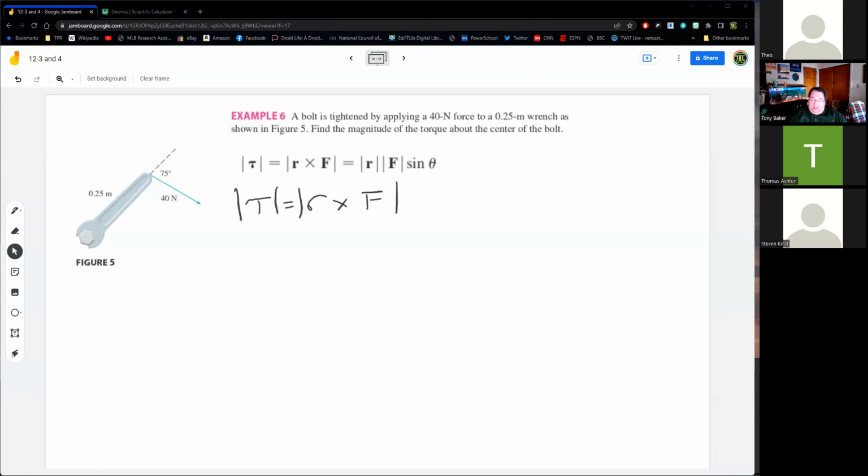In this situation, I've got a bolt that's being tightened by applying a 40 Newton force. So the length of F is 40. And the length of my position vector, which is my wrench, is 0.25 meters. And as the picture shows, the angle that I'm pulling at is 75 degrees. So my theta is 75 degrees.